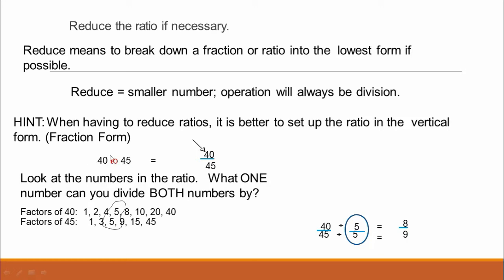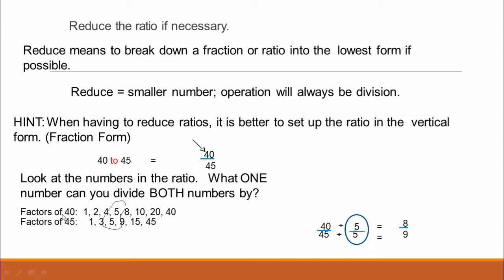And we can write by the third way of representing the ratio, 40 to 45, 40 ratio 45, or we can write 40 divided by 45. Now, what number can you divide both these numbers by?